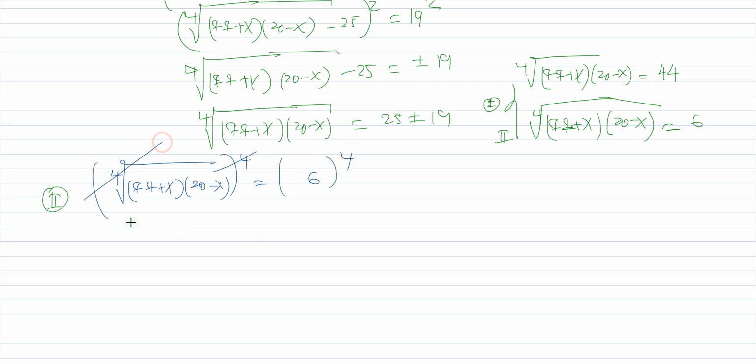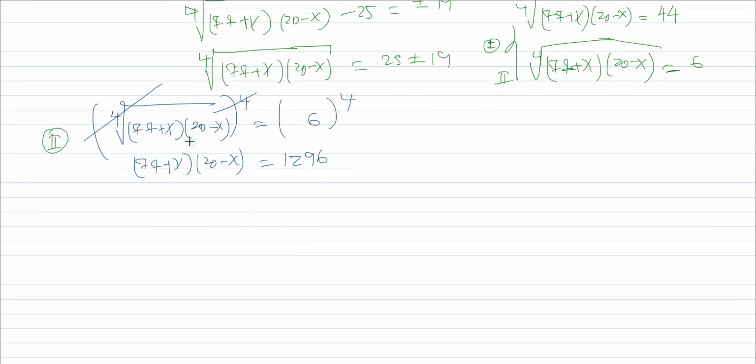So here we simplify this. We have (77 + x)(20 − x) equal to 6 to the power of 4, which is 1296.